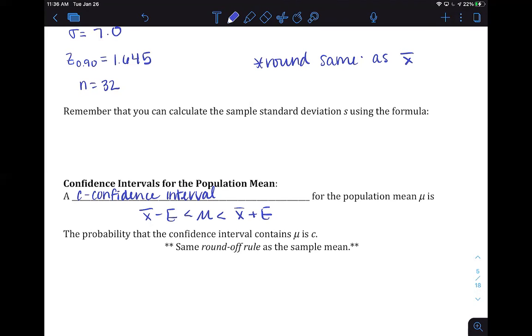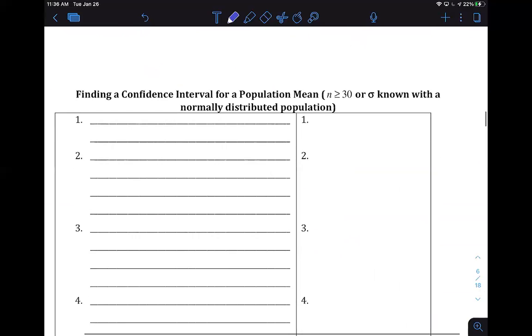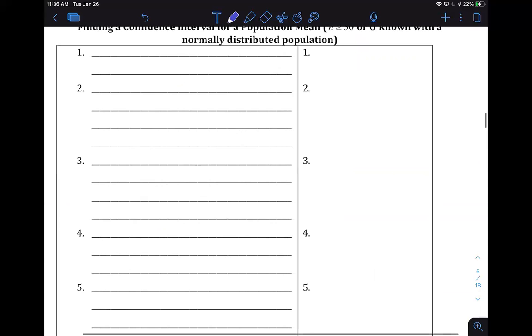All right, so we're going to go through the steps of finding that. I'm going to jump back and forth between writing it in words and writing it in symbols.